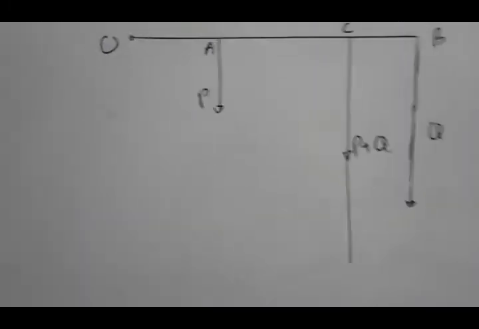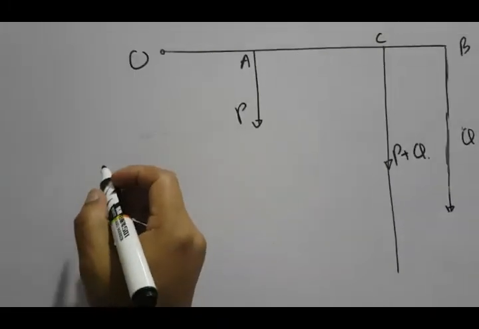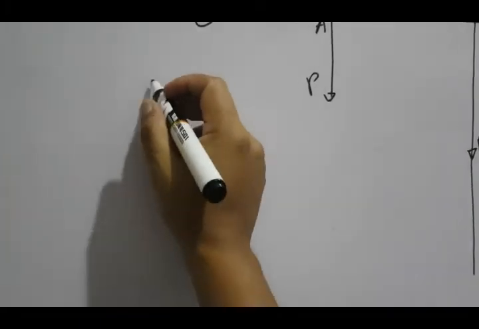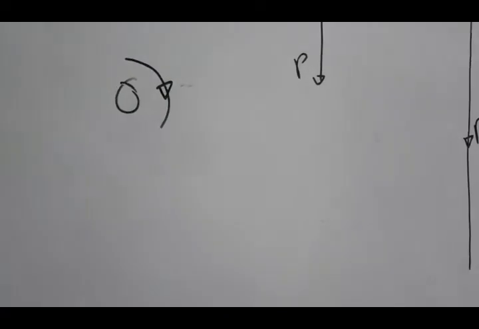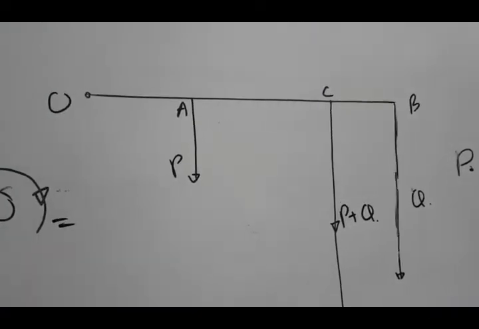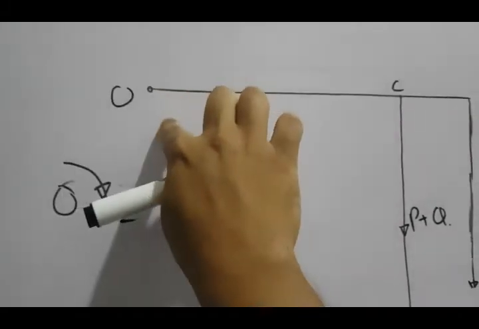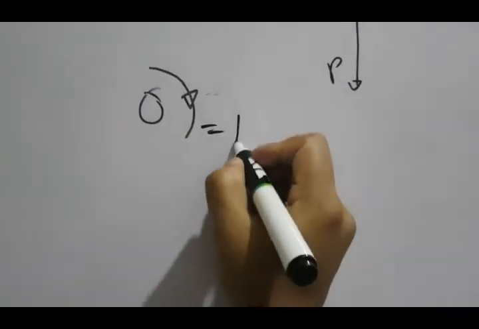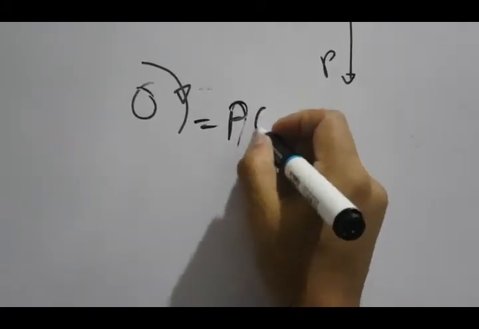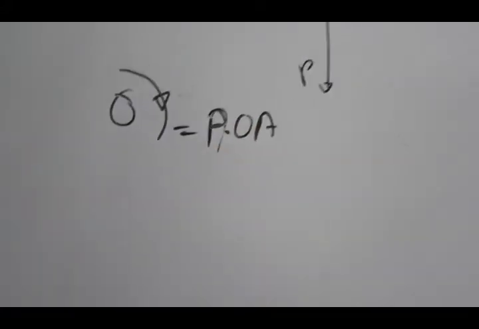So how do we prove this? Let's find out the moment at O. Let's take the moment clockwise. In this case there'll be a moment by P. What is the moment? P into OA, right?